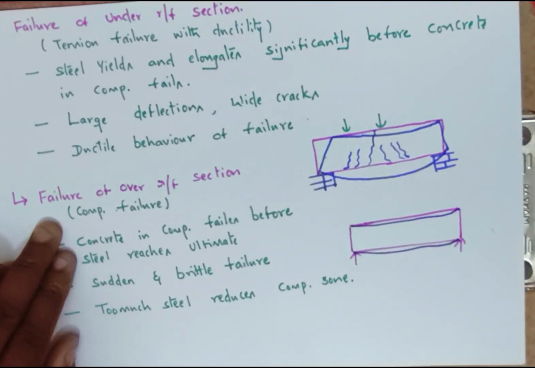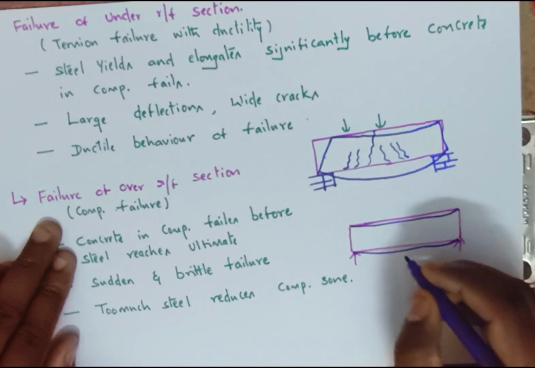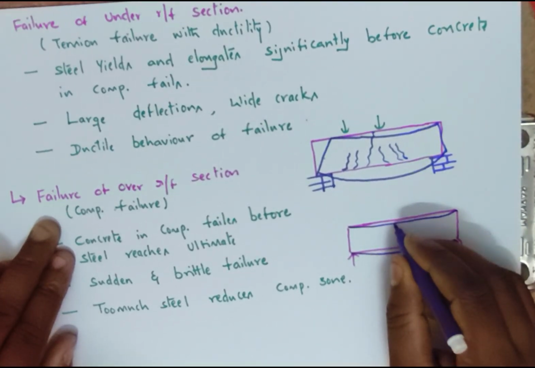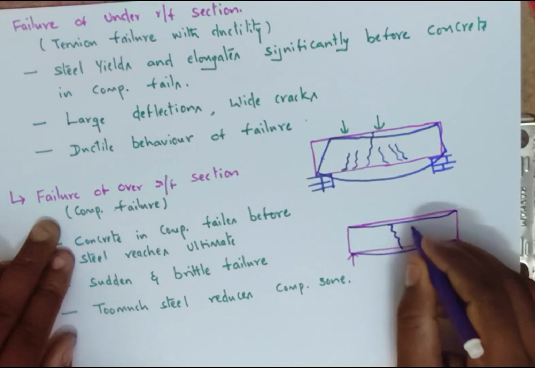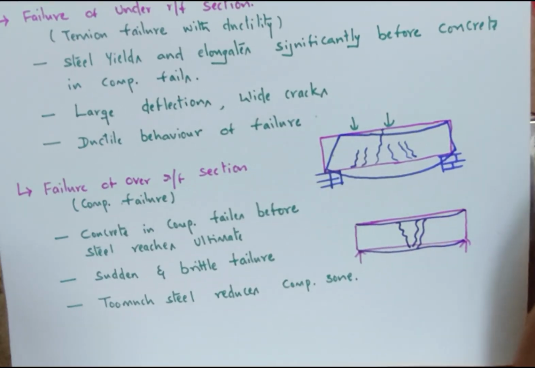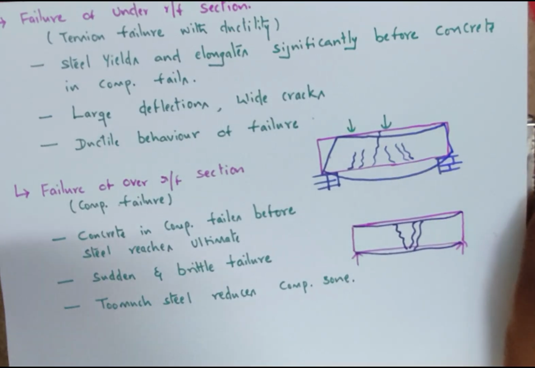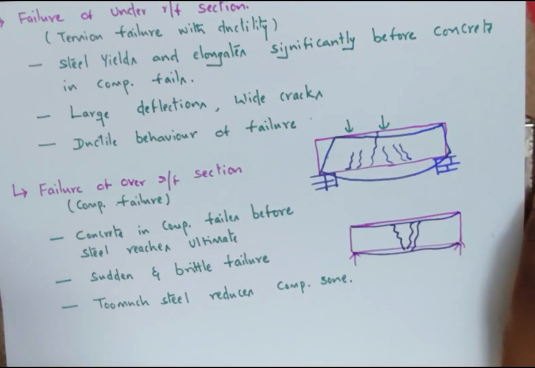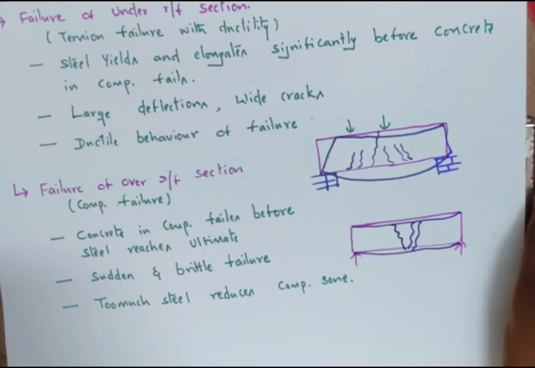Here, without showing any significant deflections, the concrete in compression zone crushes and the total structure collapses. It means the failure will be sudden and brittle here.